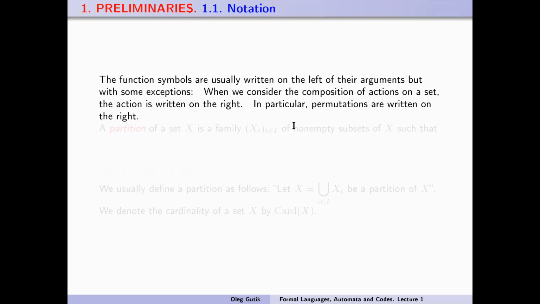So what is a permutation? This is a bijective map. If we have X as a non-empty set, we can consider a map f from X to X, and this map has the following two properties. First property, that f is injective.